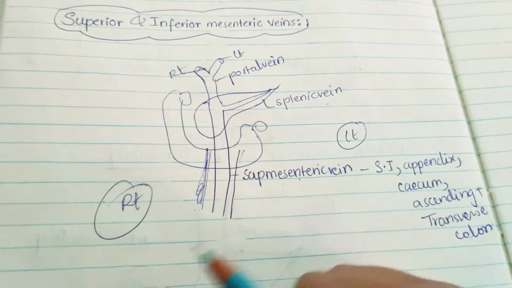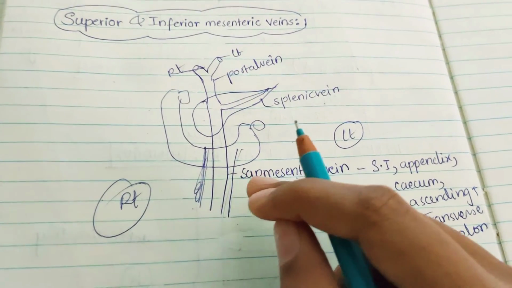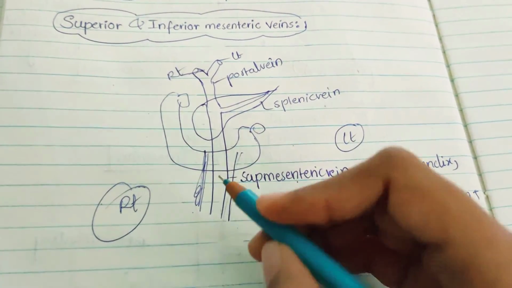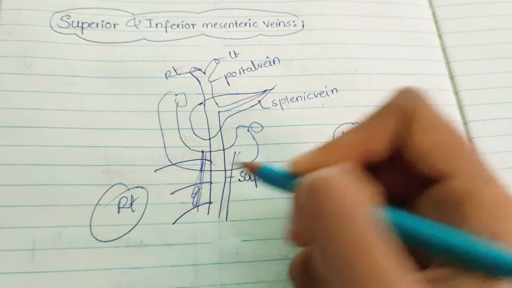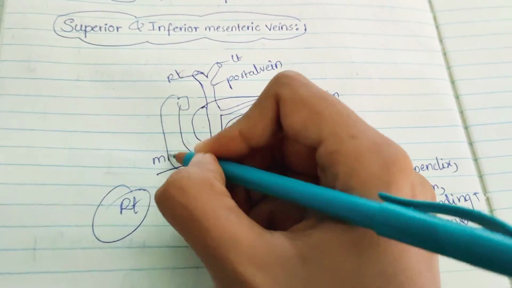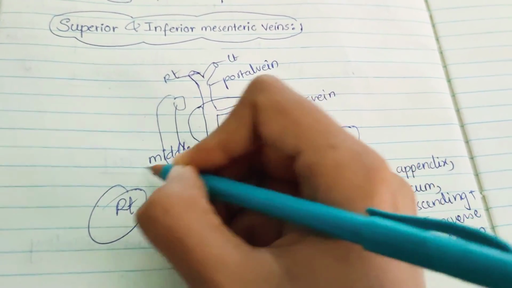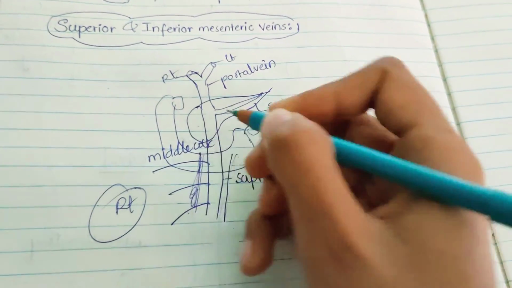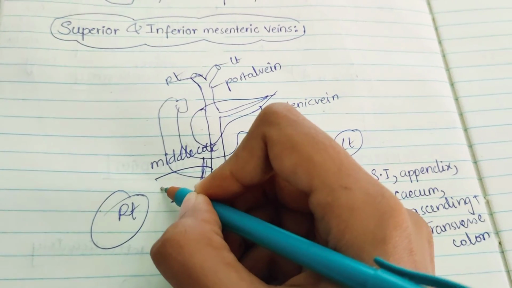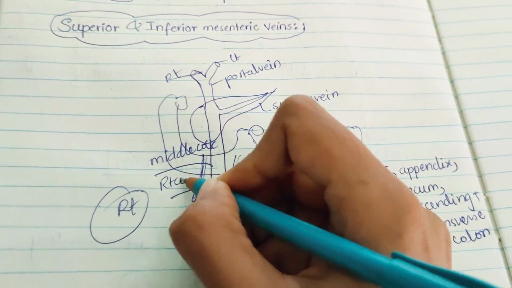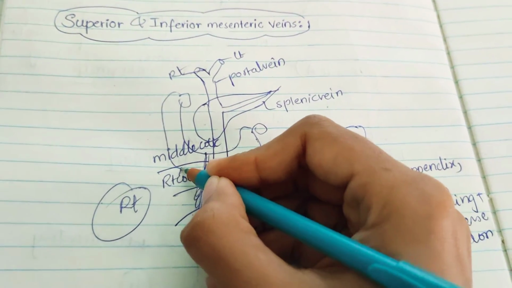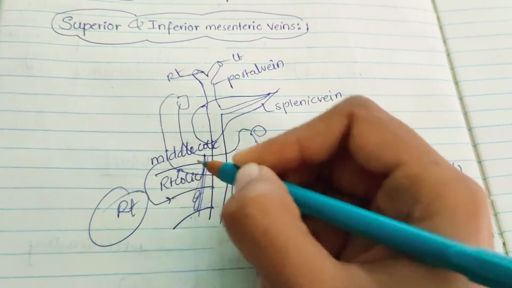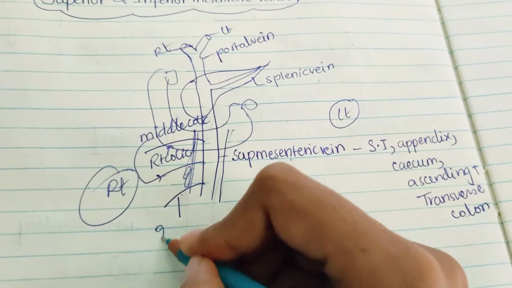Now let us see what the tributaries of the superior mesenteric vein are. The tributaries are the same as its arteries, so just add the name of vein to it. The first one is the middle colic, the next is the right colic, and this here will be the ileocolic.